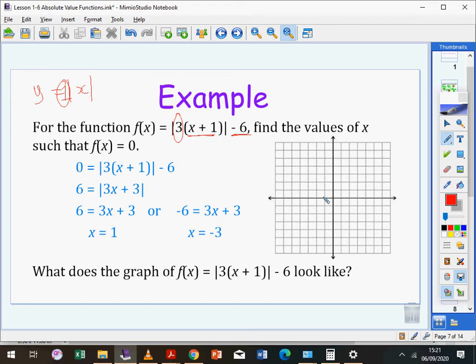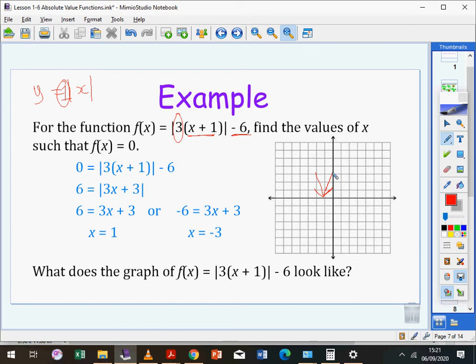So moved here, it would have gone like this to that point and to that point, but the slope is now 3 instead of 1, so it will instead go to that point and to that point. I hope that makes sense. This one was a slope of 1, this one is a slope of 3, because the rise is 3 and the run is 1. And then after that, it moved down 6 units.